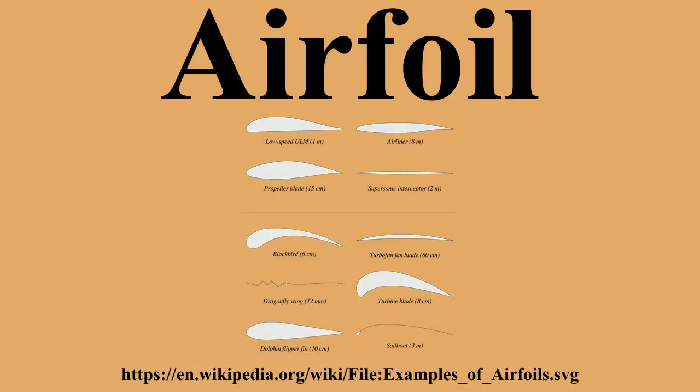Sails are also airfoils, and the underwater surfaces of sailboats, such as the centerboard and keel, are similar in cross-section and operate on the same principles as airfoils. Swimming and flying creatures and even many plants and sessile organisms employ airfoils, hydrofoils, common examples being bird wings, the bodies of fish, and the shape of sand dollars.